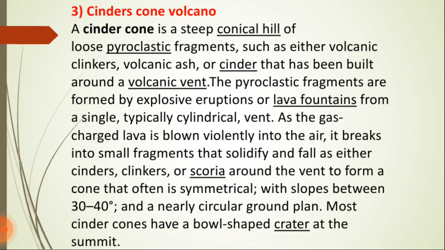As the gas-charged lava is blown violently into the air, it breaks into small fragments that solidify and fall as cinder, clinkers, or scoria around a vent to form a cone that often is symmetrical with slopes between 30 degrees to 40 degrees and a nearly circular ground plane.